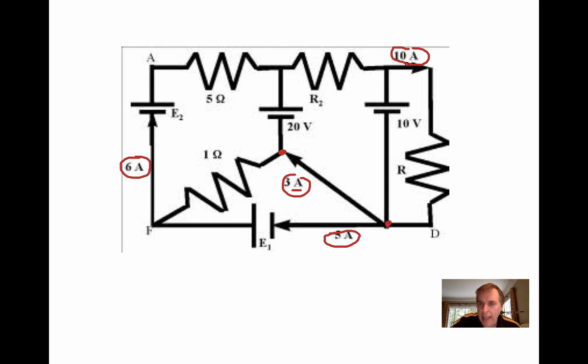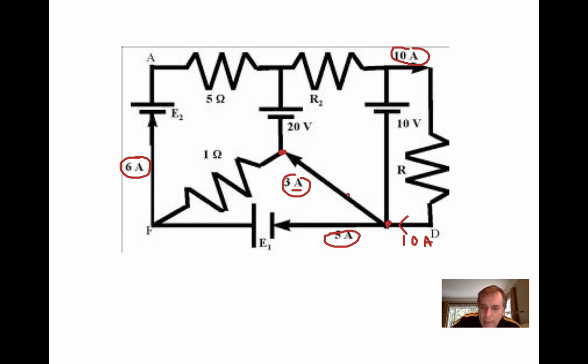There's 10 amps flowing this way, so I know there's 10 amps coming in here, right? Because it's the same branch as at the top here. So 10 amps flowing here. I know there's 5 amps coming out, 3 amps coming out.